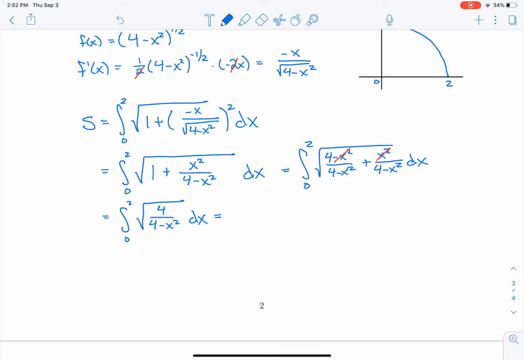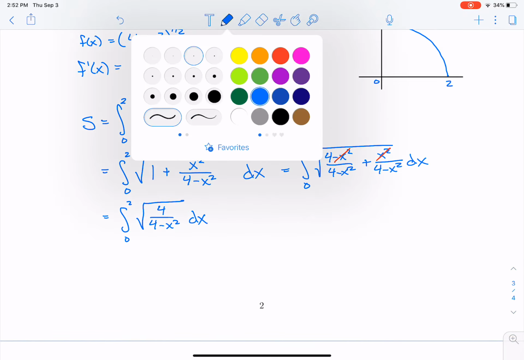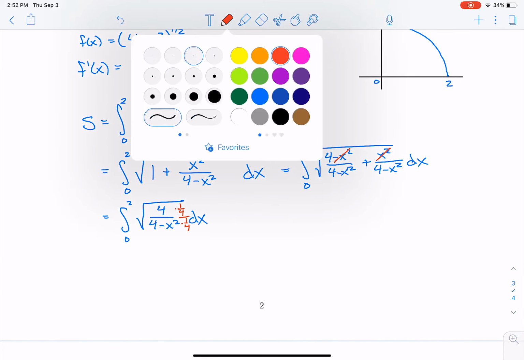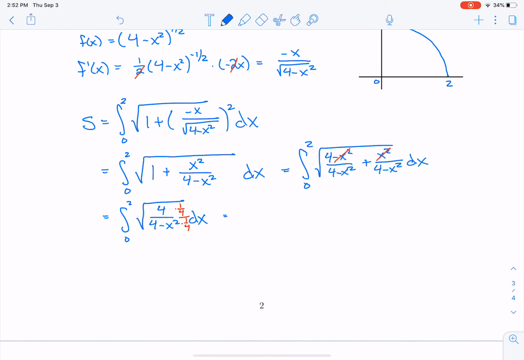Now I'm going to rewrite this by multiplying the top and the bottom of this fraction by 1/4. If I do that, then I'm going to get the integral from 0 to 2, the square root of 1 over 1 minus x squared over 4 dx.